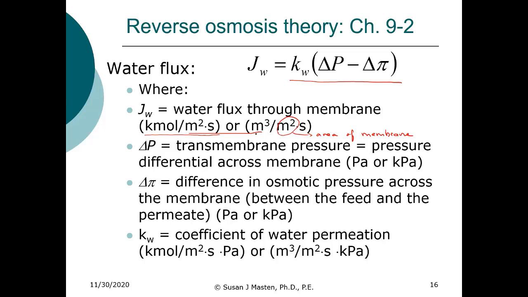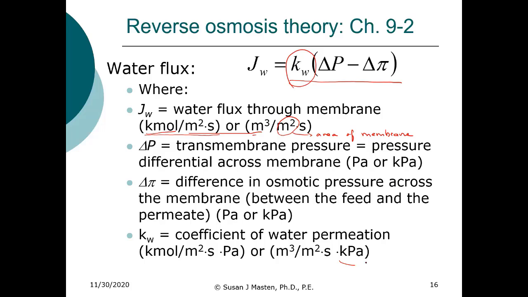And here we have it as a volumetric. So it can either be as mass per second or it can be as volume per second. And it's dependent on this coefficient of water permeation, which is dependent on the membrane.